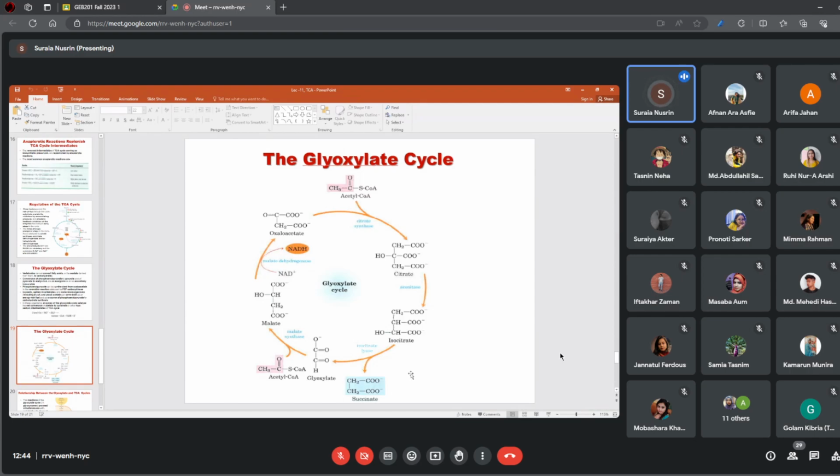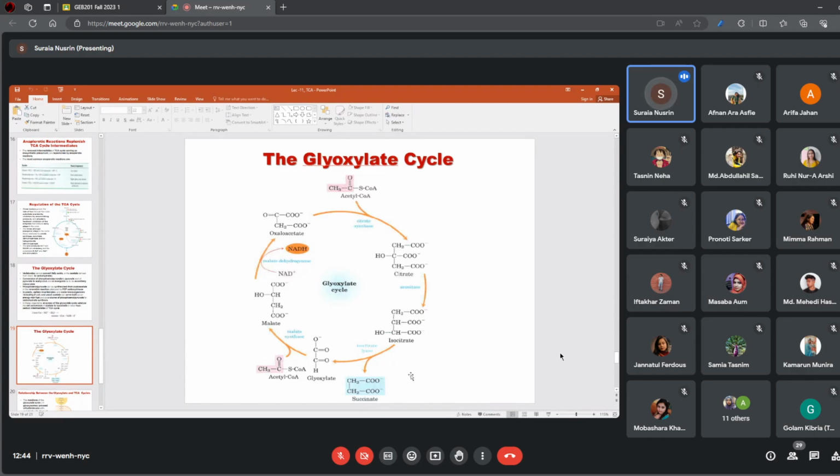And what happens to this glyoxylate? Next, the glyoxylate condenses with another molecule of acetyl CoA by the enzyme malate synthase. Synthase again means condensation, and the enzyme name tells us the product, malate. Malate then undergoes a dehydrogenation reaction to generate the starting material, oxaloacetate. During that dehydrogenation reaction, a molecule of NADH is produced.